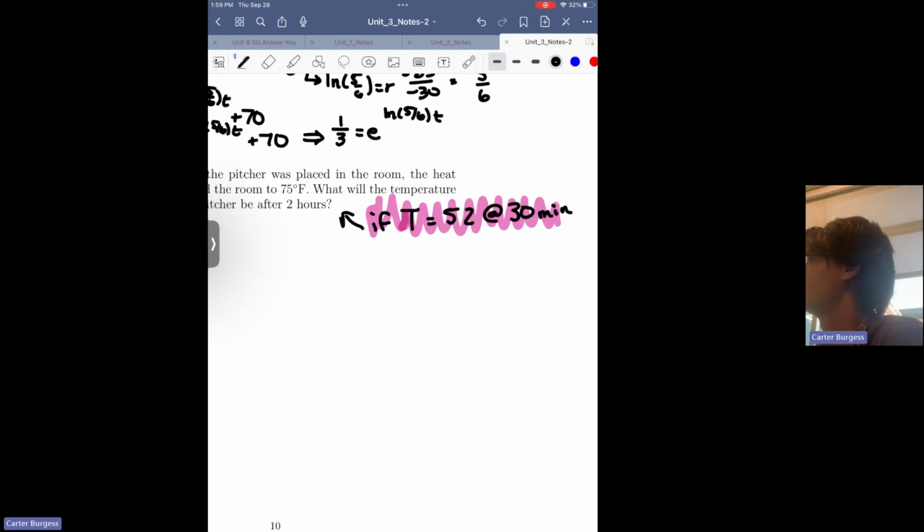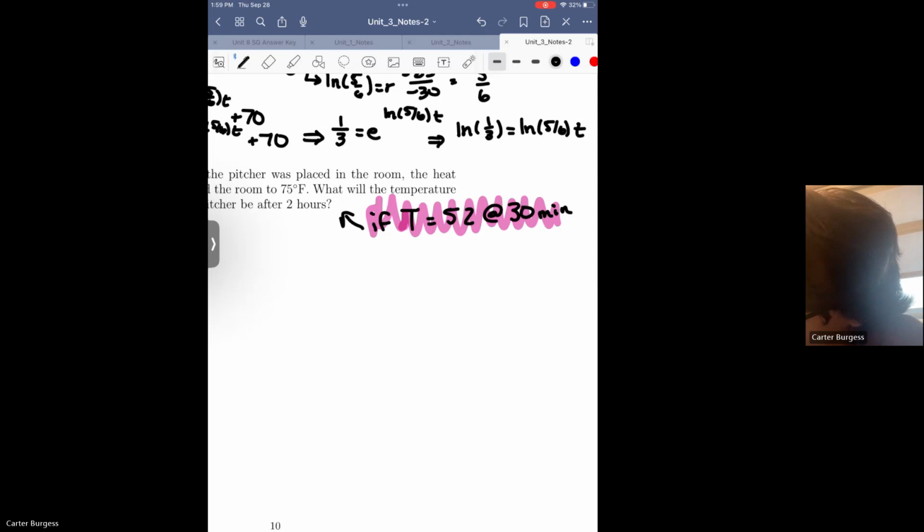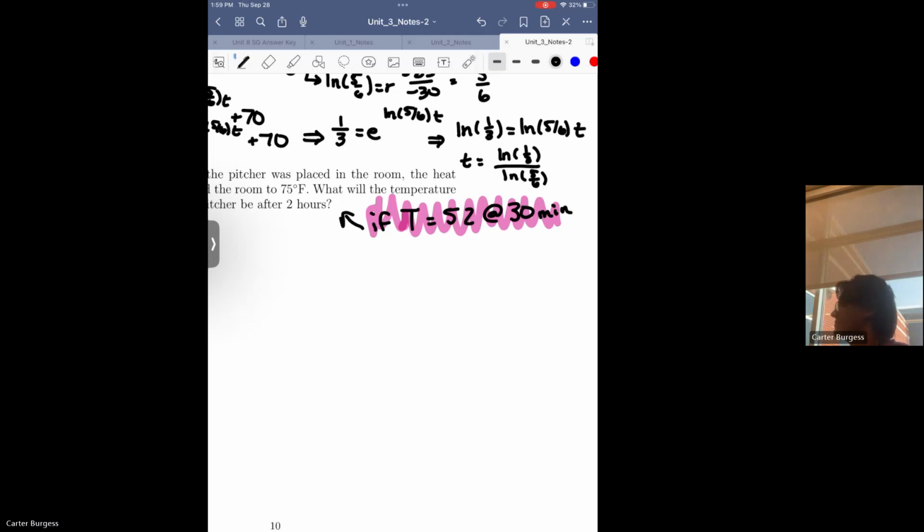Before we do that, we have to rewrite this as a logarithm. Rewriting this as a logarithm, I get that the ln of 1/3 is equal to the ln of 5/6 times t, and that t is equal to the ln of 1/3 divided by the ln of 5/6 hours.